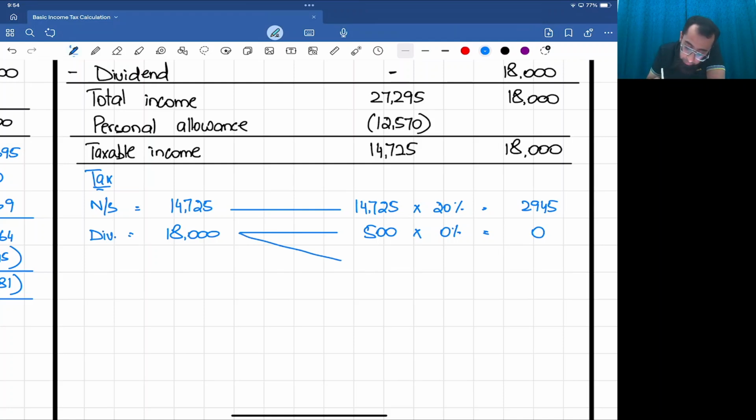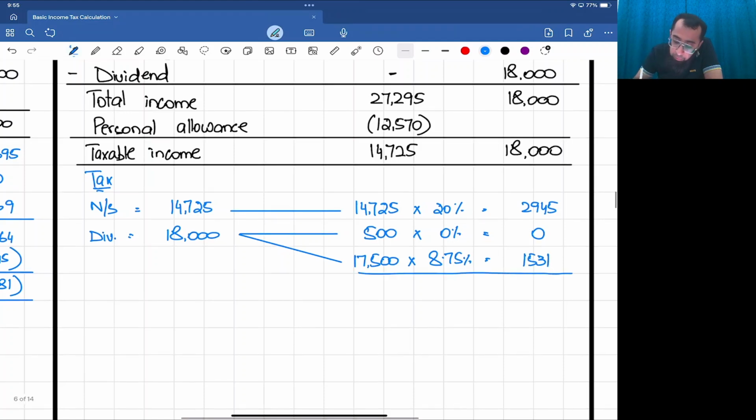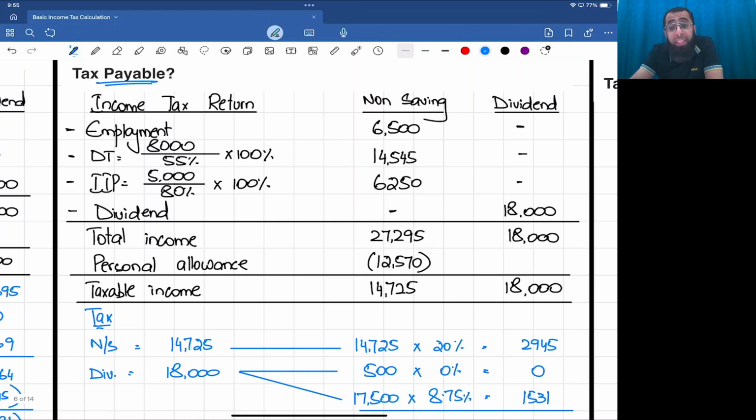Okay, so the remaining dividend income, 17,500, gets taxed at 8.75% because you are in the basic rate band. 17,500 into 8.75%. So it's 1531. I believe it's just something very much basic. You just need to remember the withholdings in order to make the adjustments. Otherwise, it's very easy.